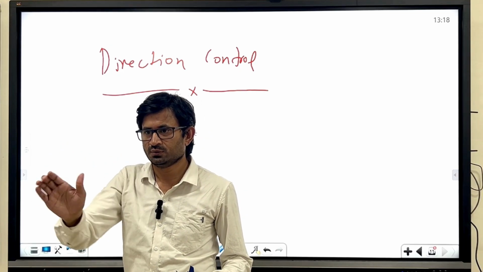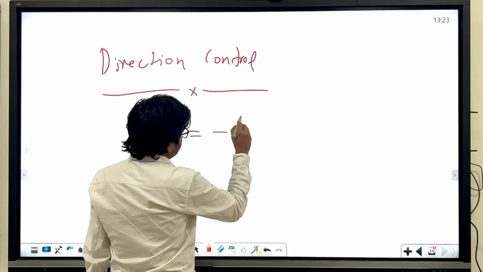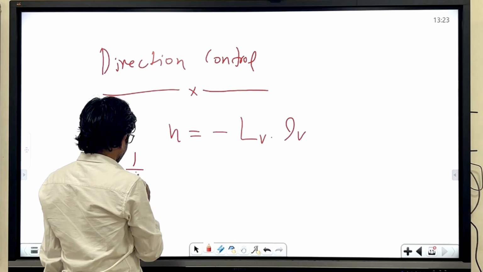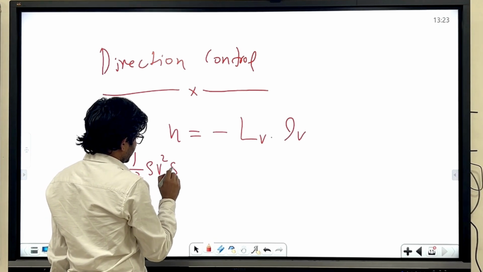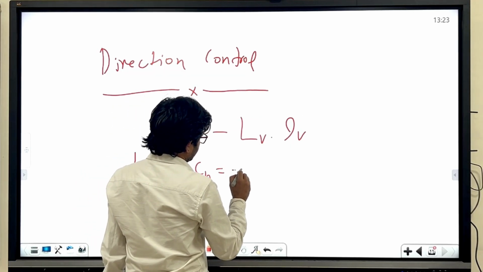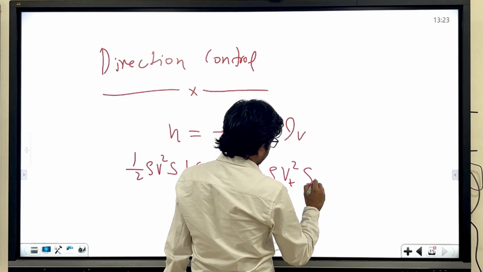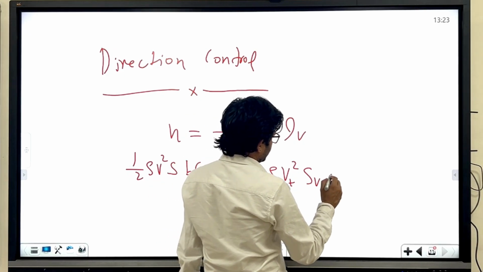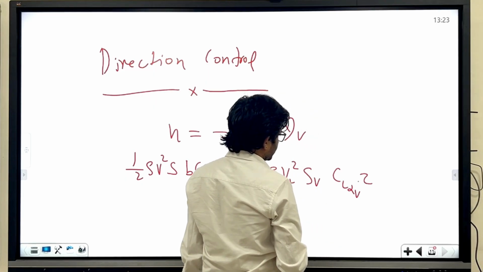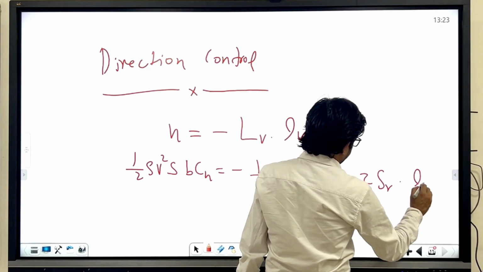Small n, the yawing moment, is minus L_V into l_V. This you can write as half rho V square S b Cn, and this you can write as half rho V_t square S_V, and then the lift coefficient you can write in terms of the vertical tail lift slope, and since you are deflecting the rudder, you will write tau into delta R, this into l_V.